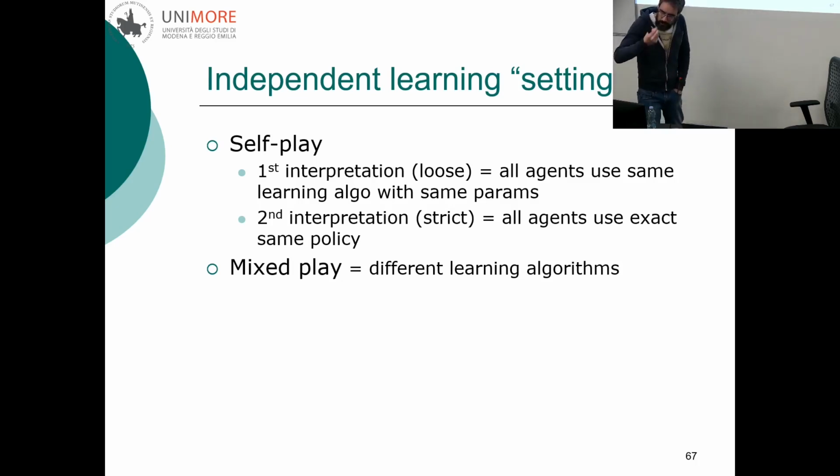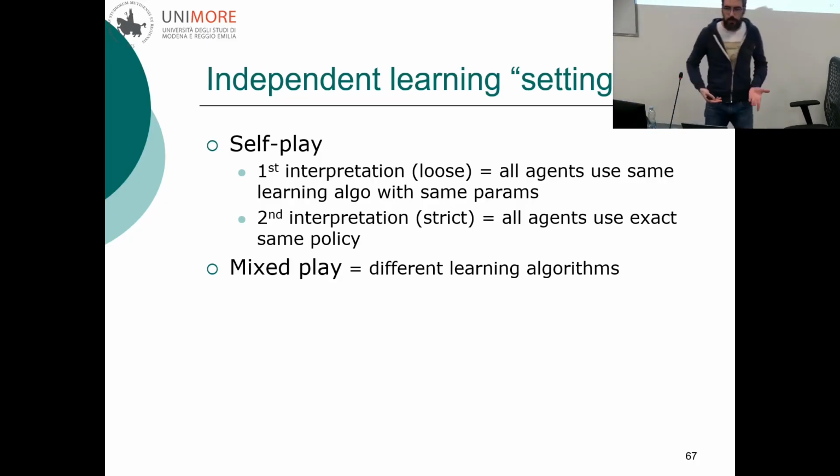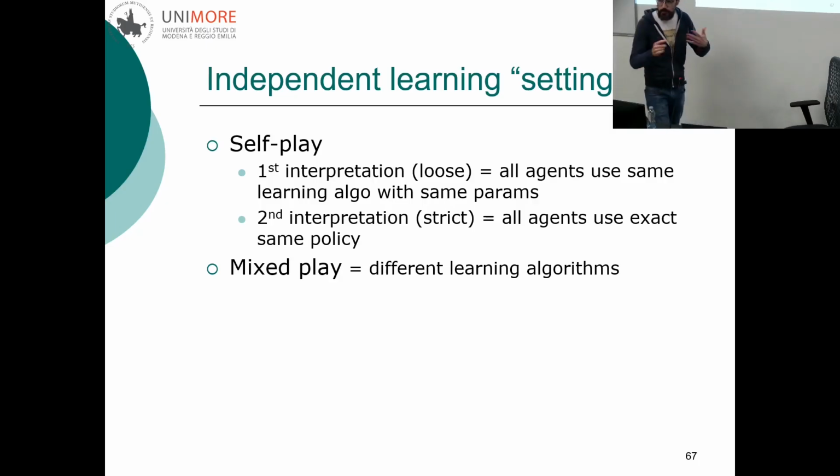In practice, more specifically, what does it mean? You have 2 interpretations, a stricter and a looser one. In the first interpretation, we simply intend that all agents use the same learning algorithm with the same parameter. So I have 10 agents, I'm using independent learning, all of the 10 agents use Q-learning, with the same learning rate, with the same discount factor, whatever.